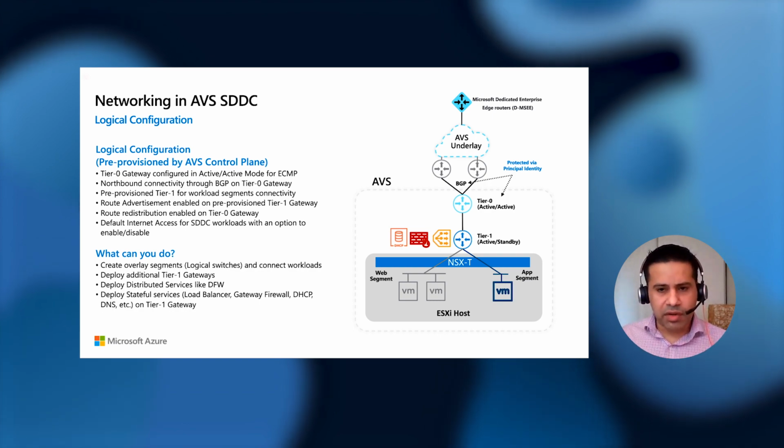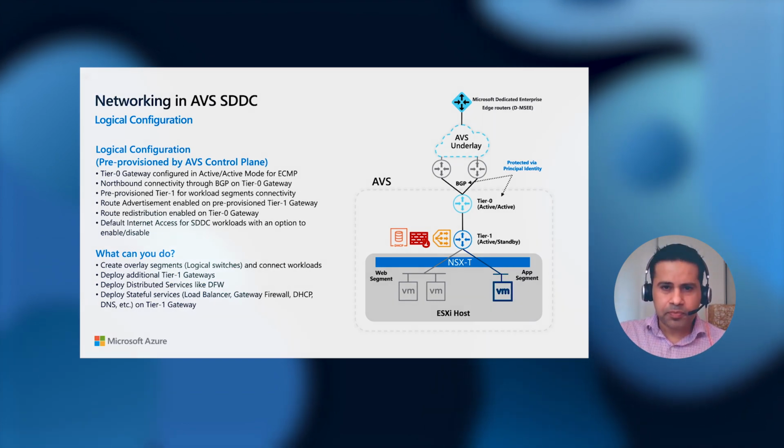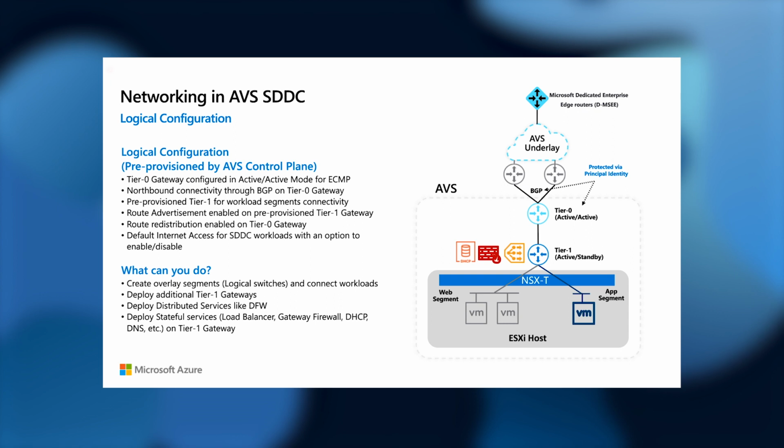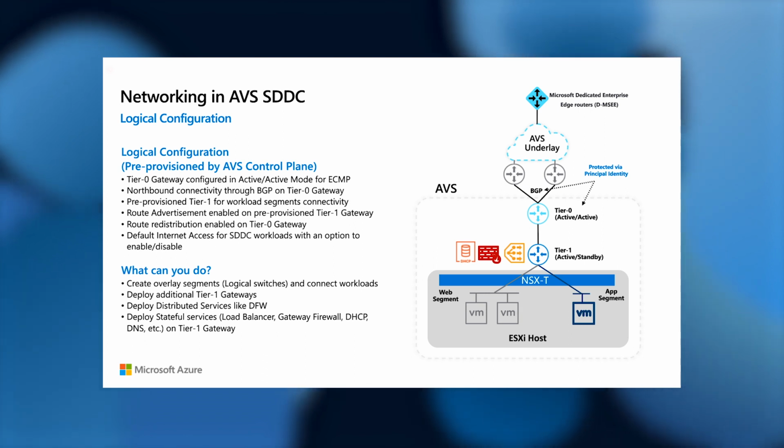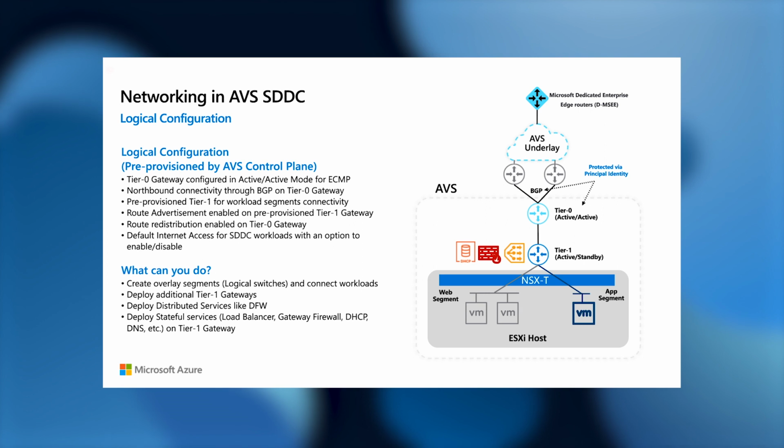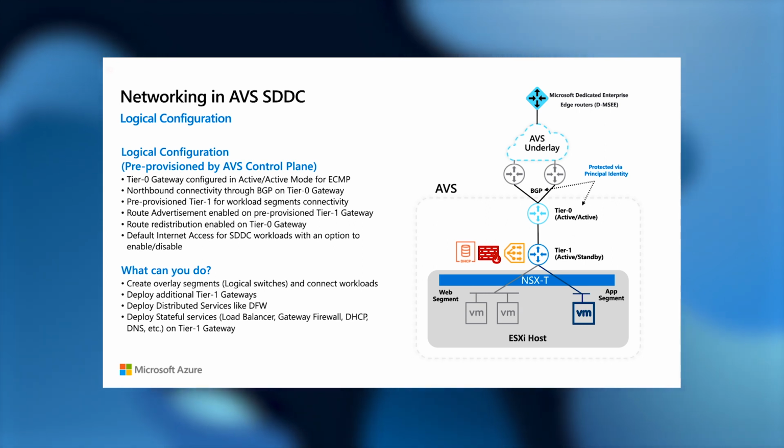You have east-west connectivity, and you have north-south connectivity to Azure services and to your on-premise environment. We also have an option for internet access, which is enabled by default, and you can turn it off if you don't want internet access for your workloads. All of the configuration that I've talked about is pre-provisioned for you so that you don't really have to worry about routing, stitching, and how things work in NSX-T.